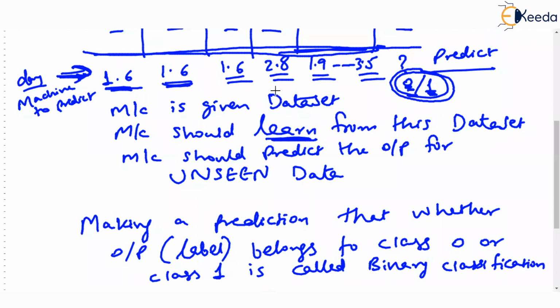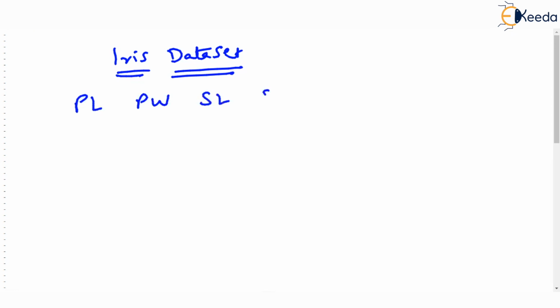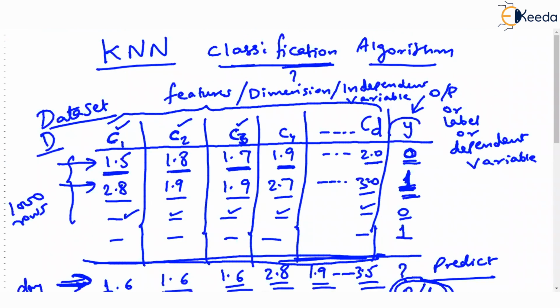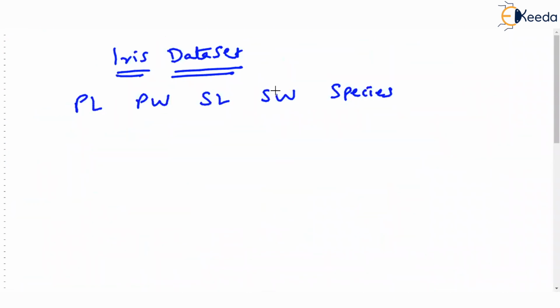Okay, but imagine some time back I discussed the iris dataset. The iris dataset has petal length, petal width, sepal length, sepal width, and it has an output column species. Correct? In our example, we said the output is Y, but here the output is named species. These petal and sepal measurements are the features or dimensions or independent variables.